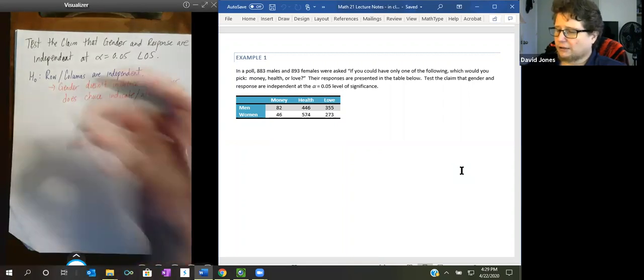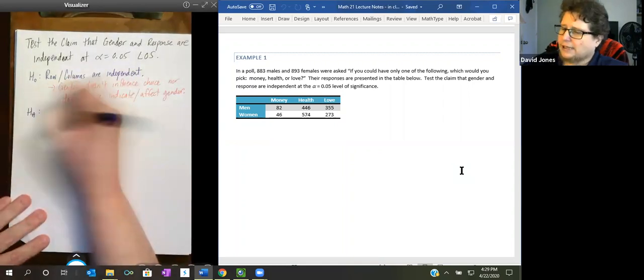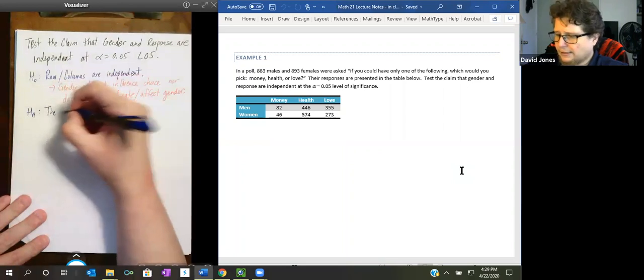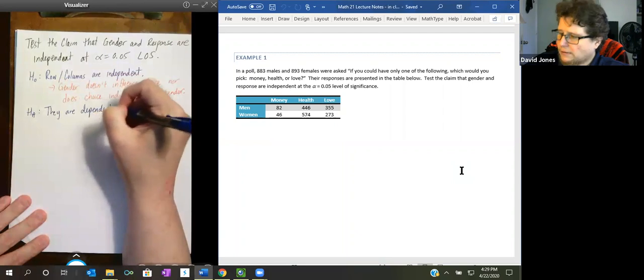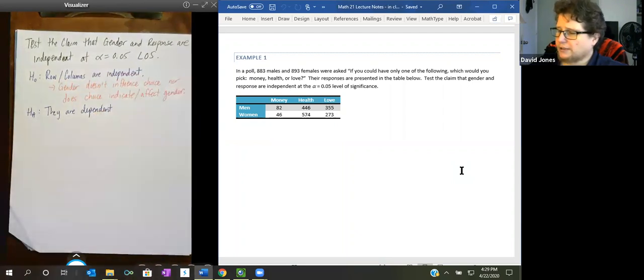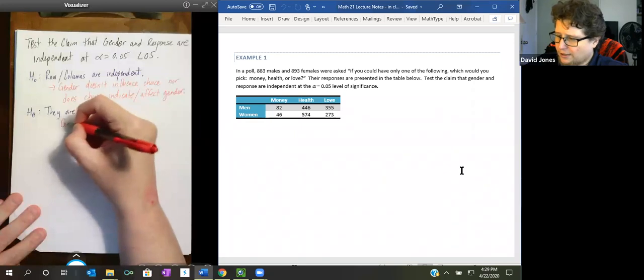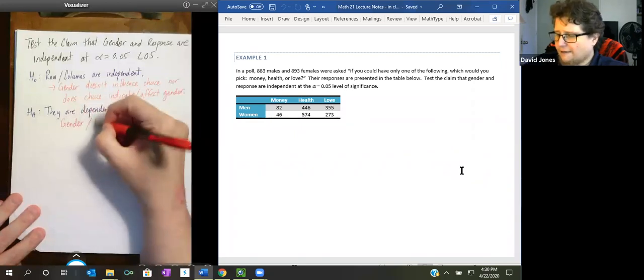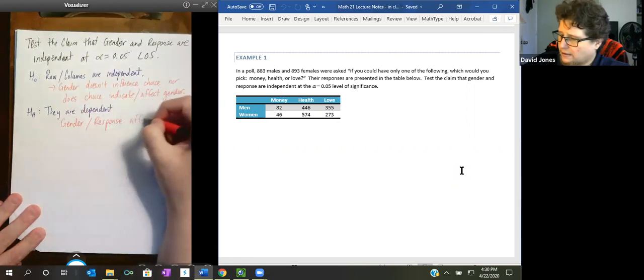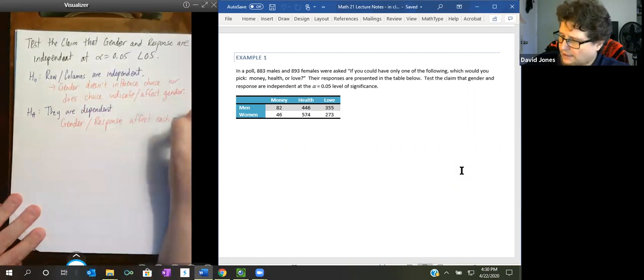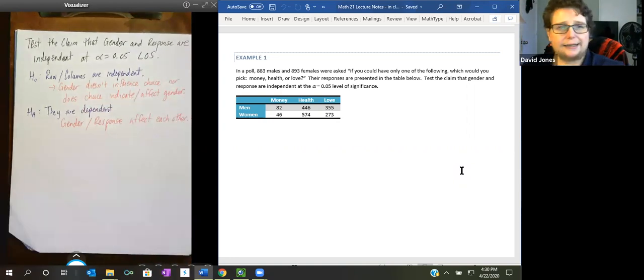HA, our alternative hypothesis, is they are dependent, which means gender and response affect each other. Seems more like gender affects response kind of thing. So that's step one.